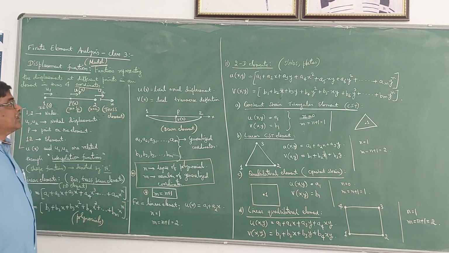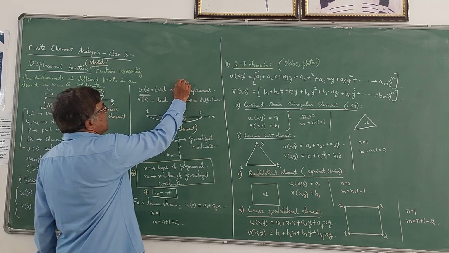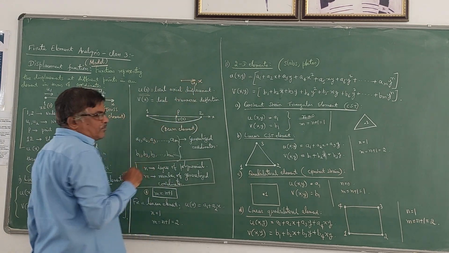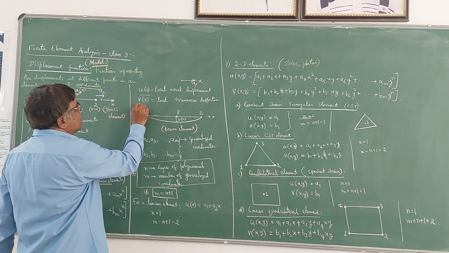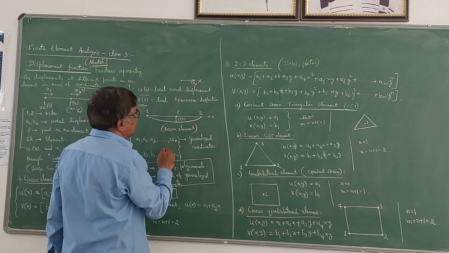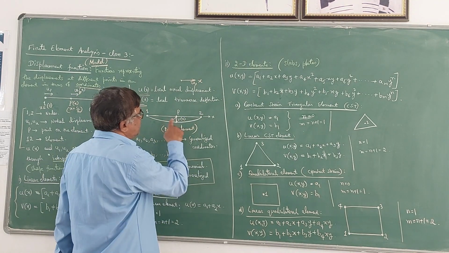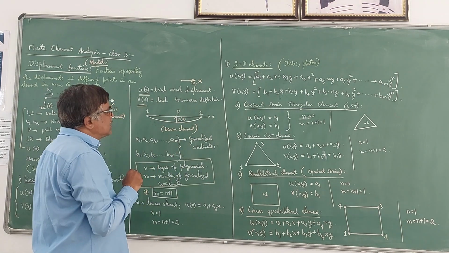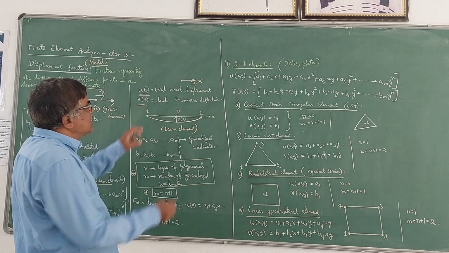bm x power n. So here u of x is called the local axial displacement. Axial displacement takes place in the x direction, which is denoted by u. v of x is called the local transverse deflection. Transverse means it acts perpendicular to the axis. So if this is the x-axis, transverse to that, so perpendicular to that, in the lateral direction, whatever displacement is there, that is called deflection.